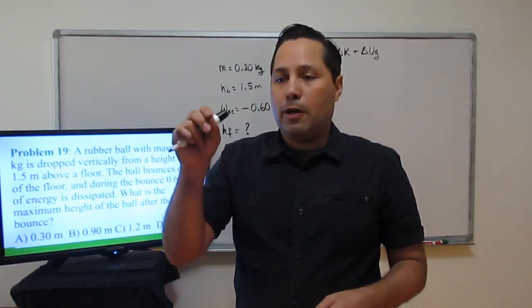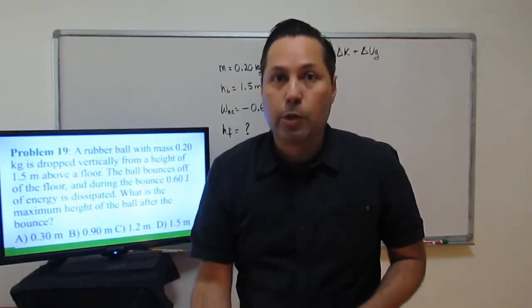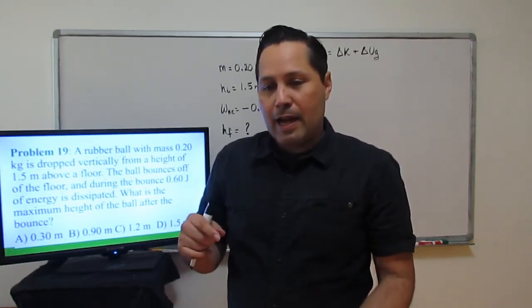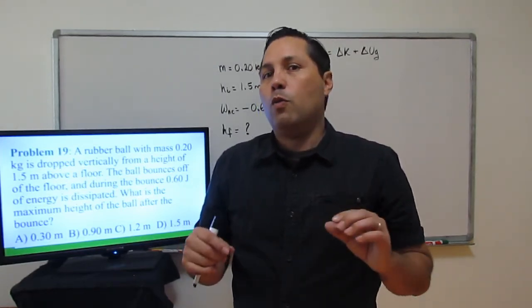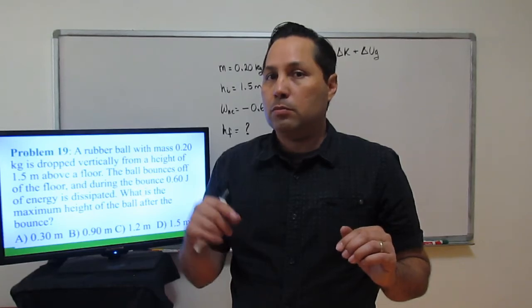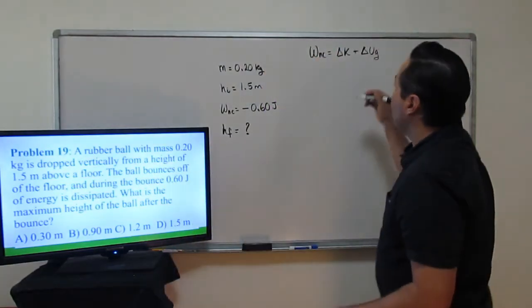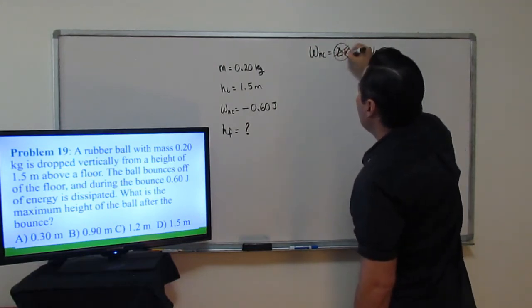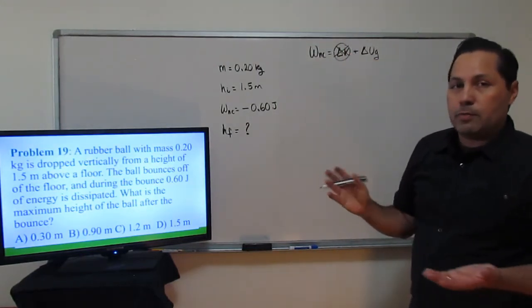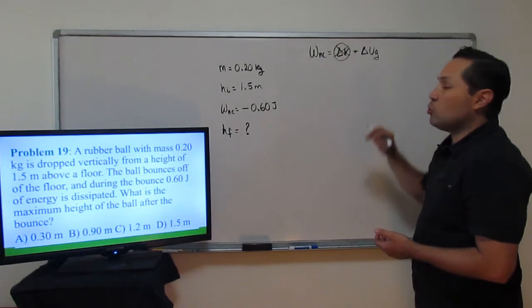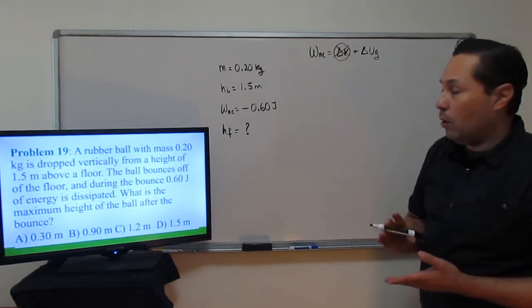The answer is 0. The ball goes to the floor, bounces, comes back up, and as it reaches its maximum height, what is the final velocity? Again, it's 0. So initial and final velocity are 0. For that reason, we're going to ignore the kinetic energy since it cancels out, and only use gravitational potential energy.